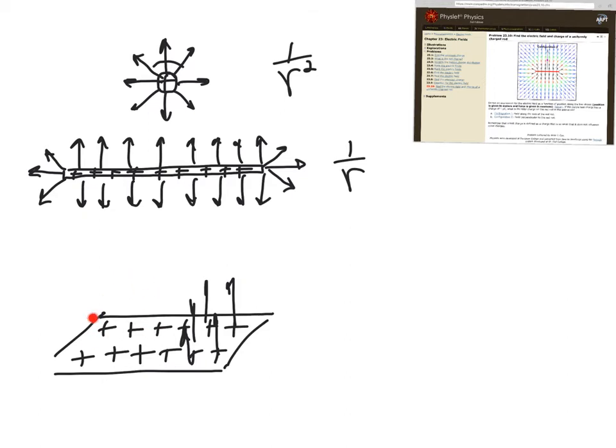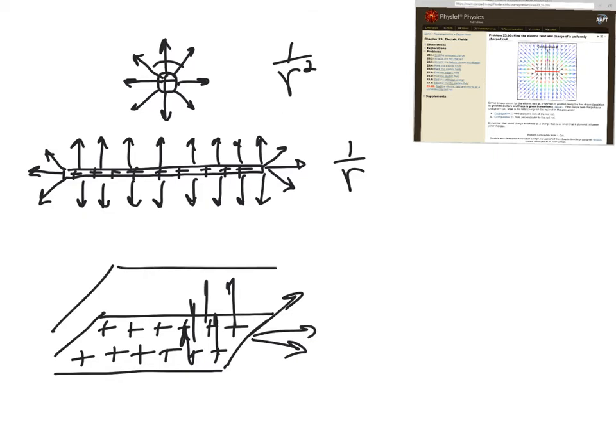When we get to the plates, I haven't drawn all the lines, but if you imagine a big plate of charge, the lines are all going up, and going down too, and the only place they diverge is at the edges of the plate. And so the way we create a uniform electric field, which you saw in the earlier problems, is to take two charged plates.